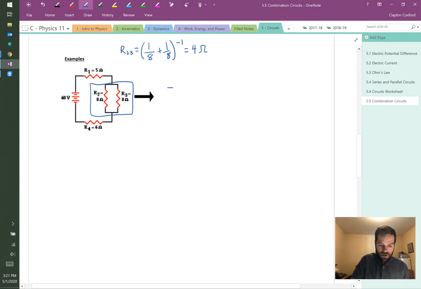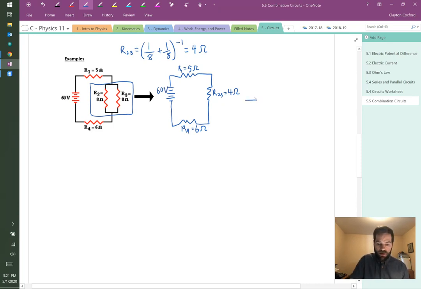So redrawing our circuit, it's always a good idea to redraw your circuit. We have R1 here is 5 ohms. We now have R23 is 4 ohms. And we have R4 is still 6 ohms with our 60 volt battery.